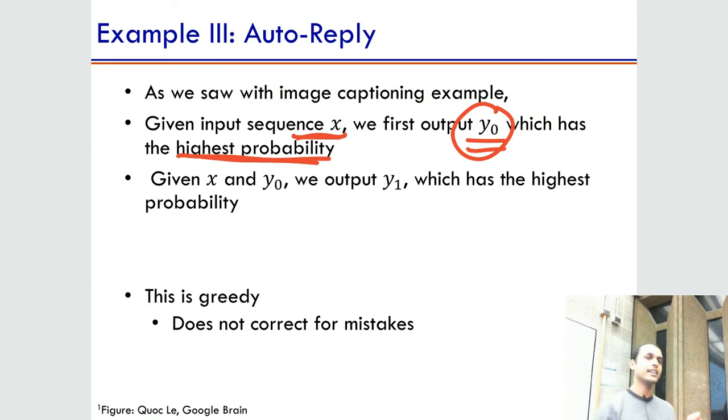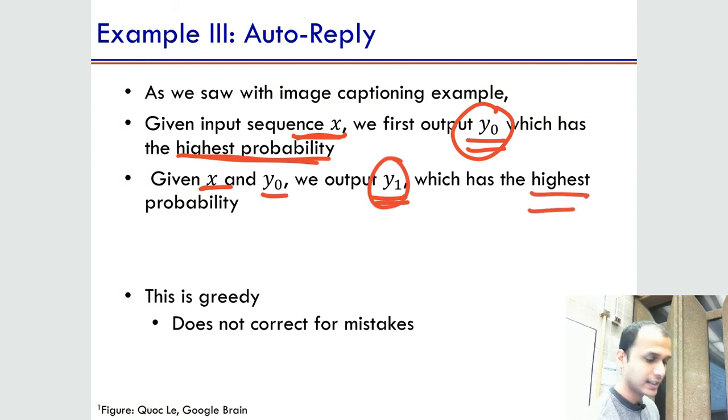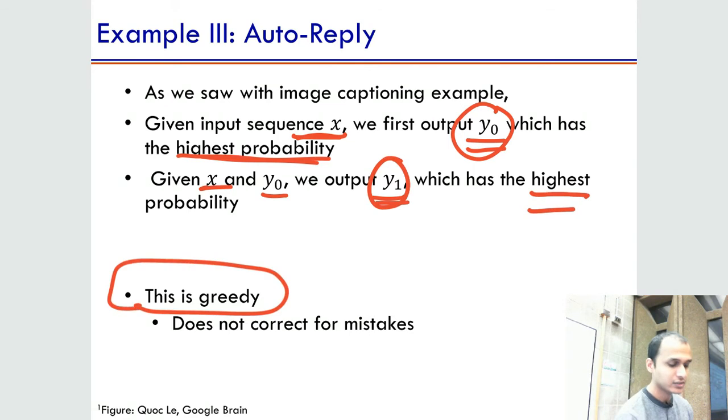Because if you sample, then maybe you are picking a low probability word with some probability, and then you may be derailed. So you deterministically pick the word with the highest probability, get some other output, and keep repeating this. Picking the highest probability word at each copy is a greedy procedure.